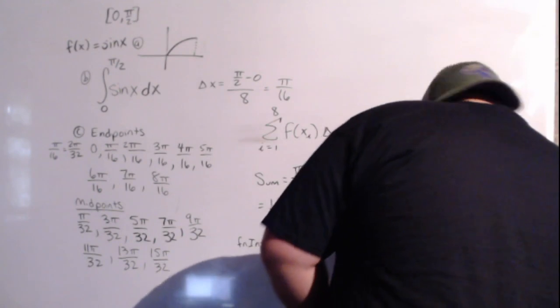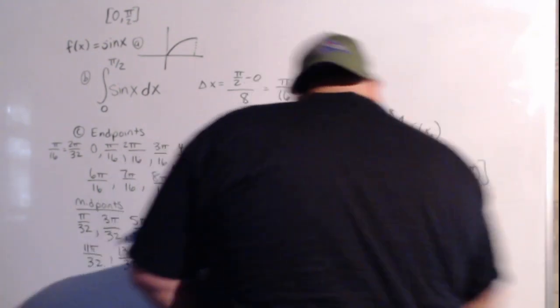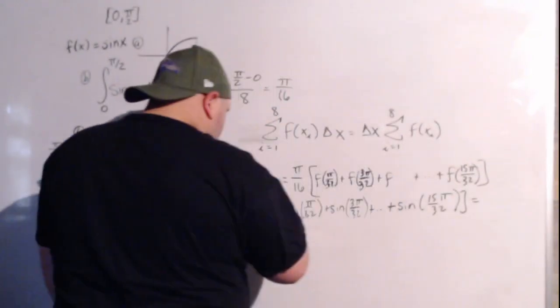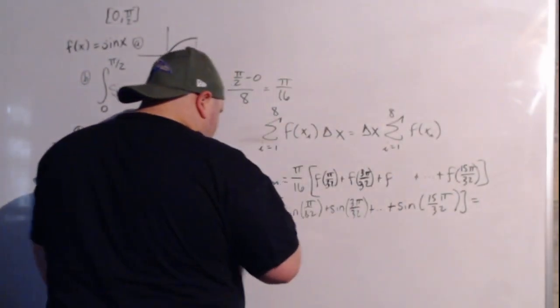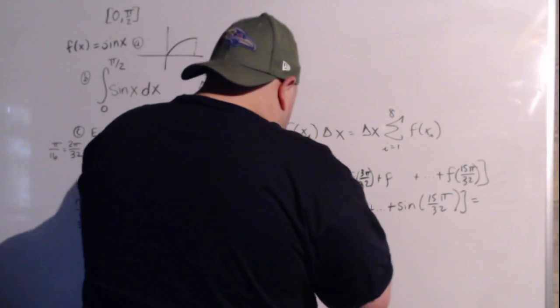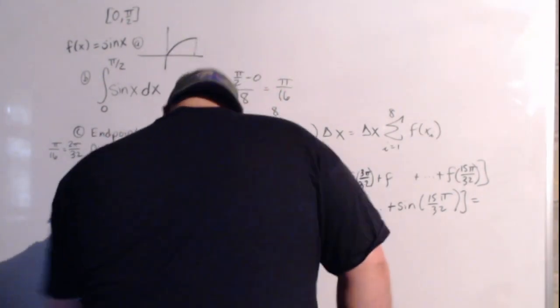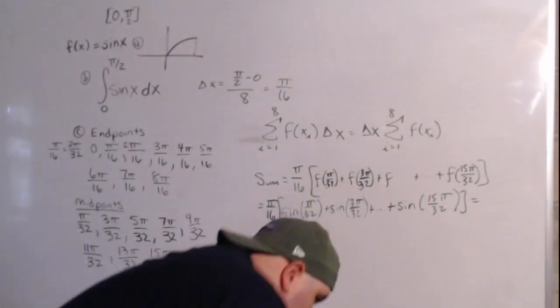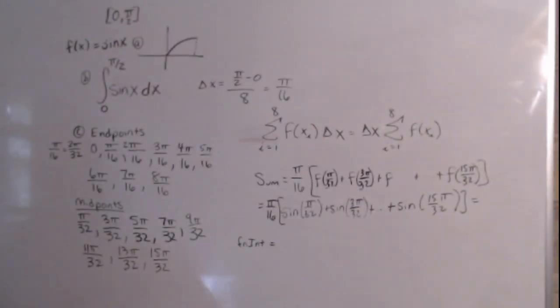And then again, we also need to change delta x out here, which is pi over 16. So again, calculate that. Make sure that you're getting the same numbers that I am.